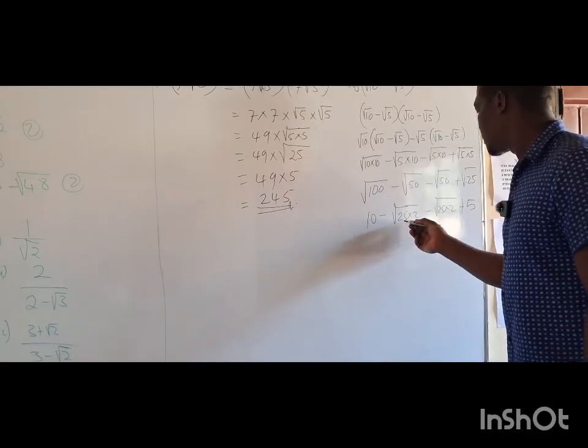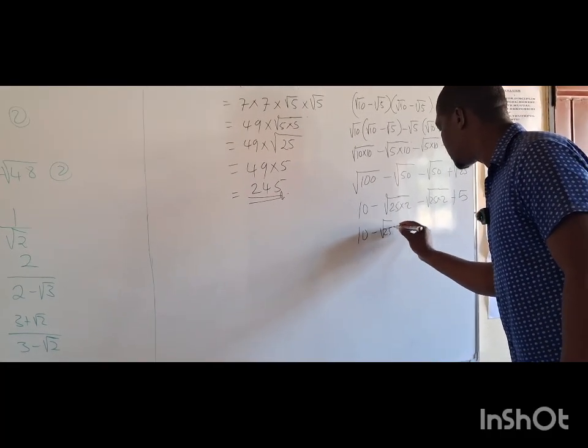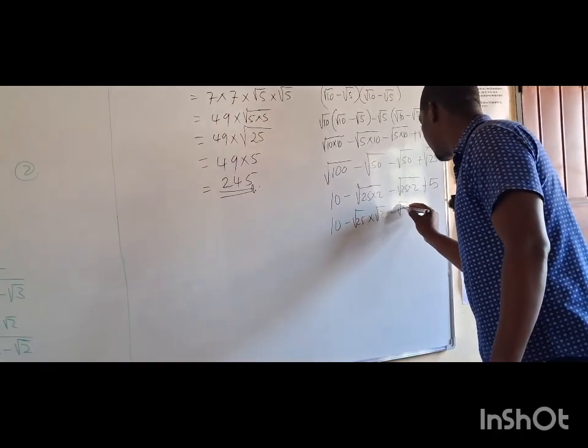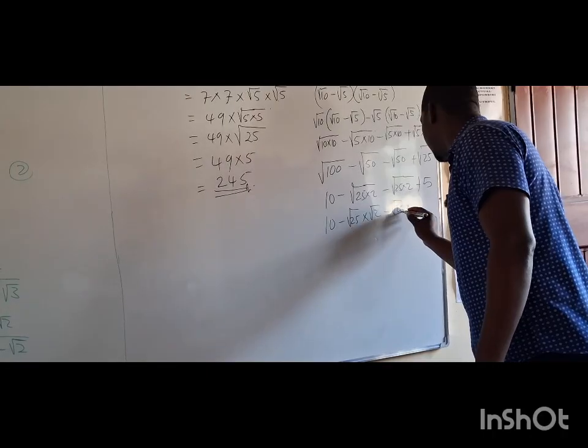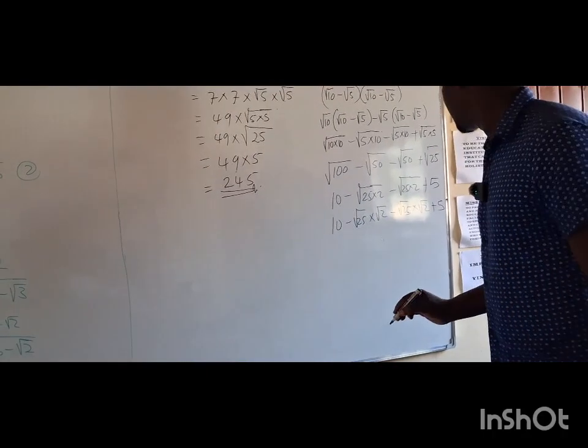So we are saying 10 minus, you can split like this, square root of 25 times square root of 2, and then plus 5.